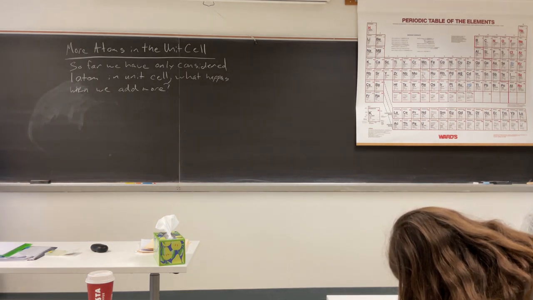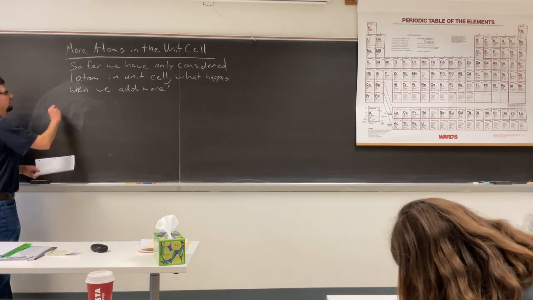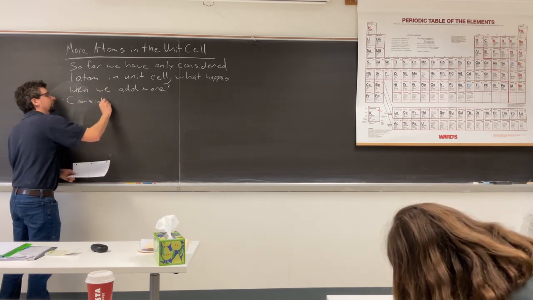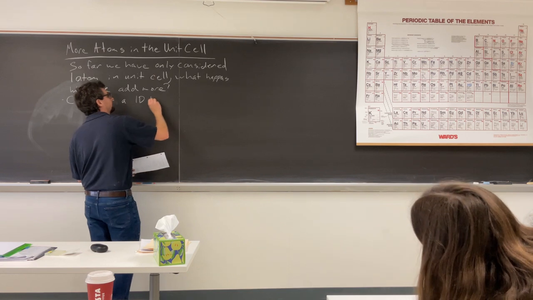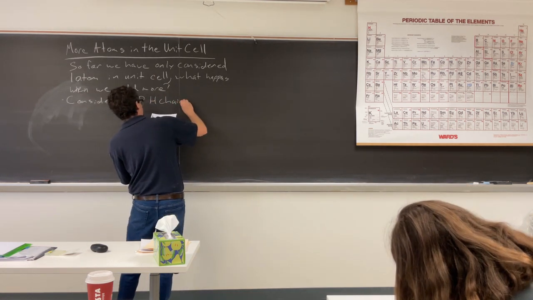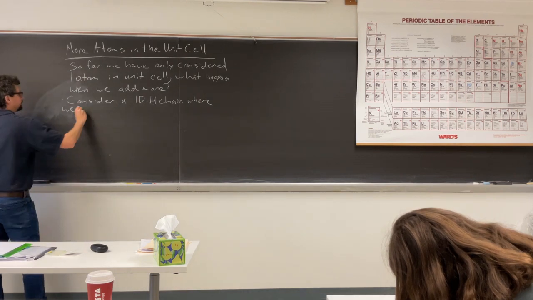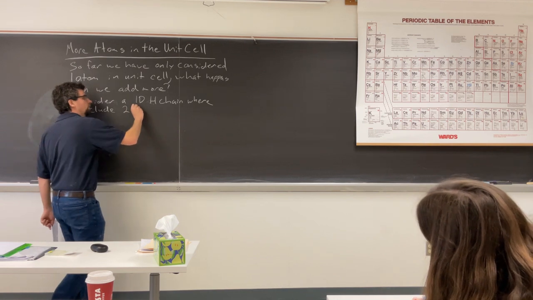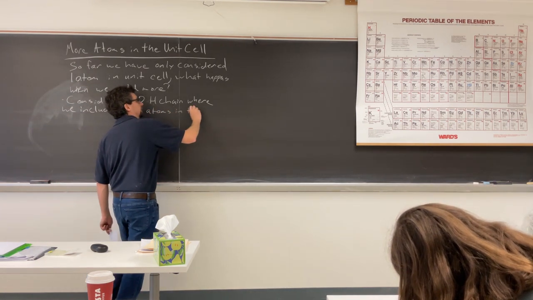Okay, we're still going to go back to our 1D hydrogen chain because it's an easy system to understand. We're going to consider a 1D H chain where we include 2 H atoms in the unit cell.